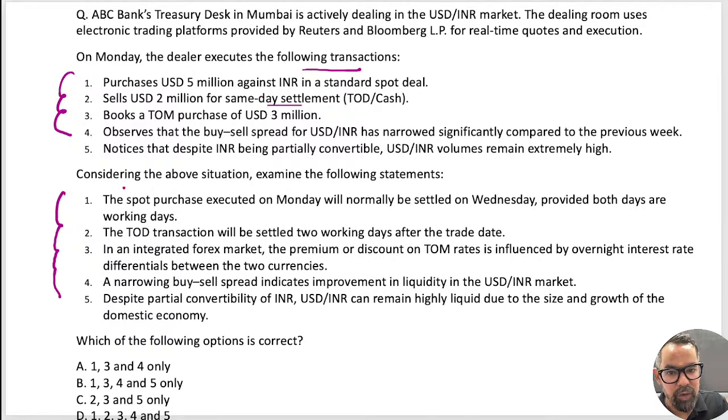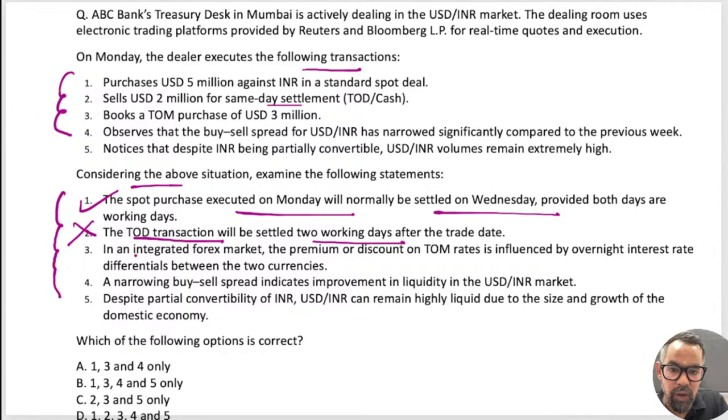First statement: the spot purchase executed on Monday will normally settle on Wednesday, provided both days are working days. When it comes to spot, that is true, T plus 2, right, working days. The next one, TOD transaction will settle in T plus 0. In an integrated forex market, premium or discount on forward rate is influenced by overnight interest rate differential between the two currencies.